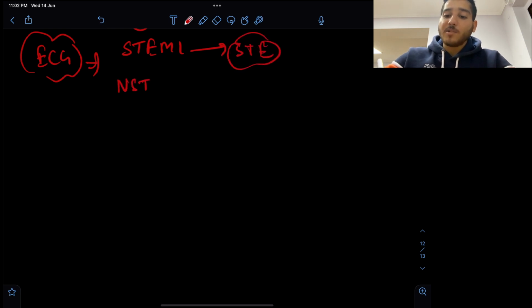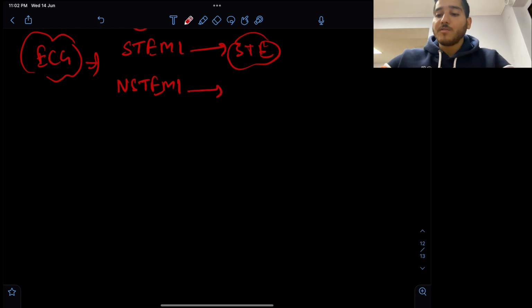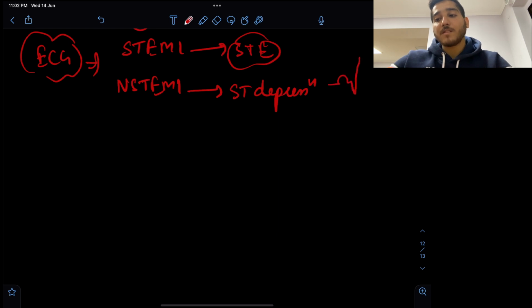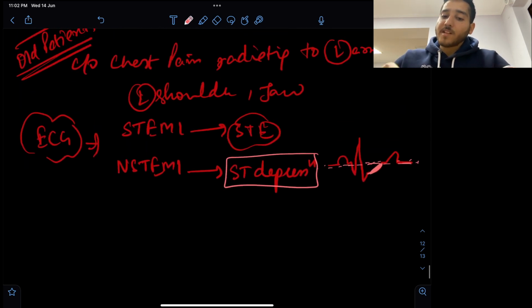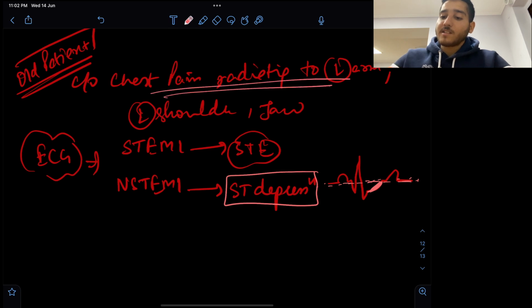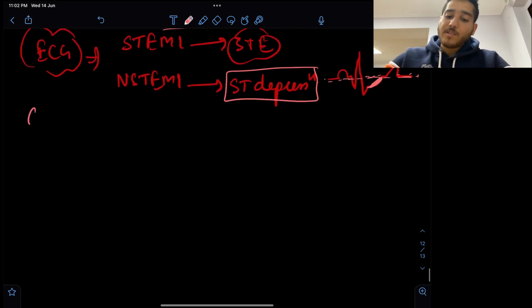There can be non-STEMI also, where we get ST segment depression. This ST segment is depressed in this case. It should be here at the normal isoelectric line, and they are depressed. If ST depression is there in a patient with this classical MI presentation, we'll do cardiac biomarkers, and they are also increased.